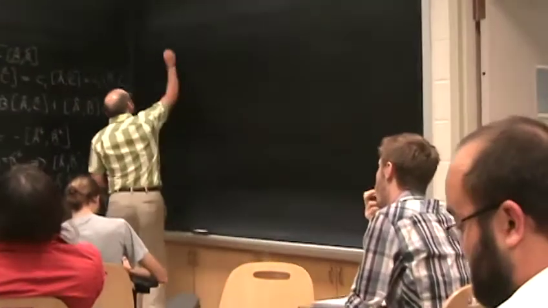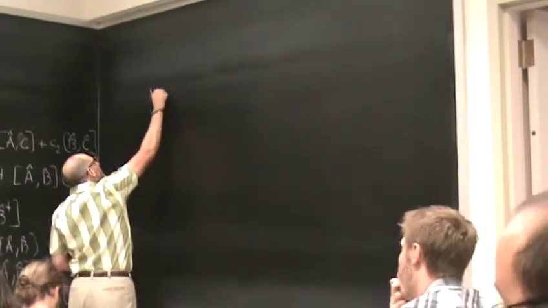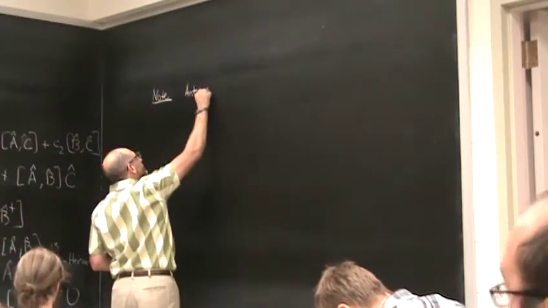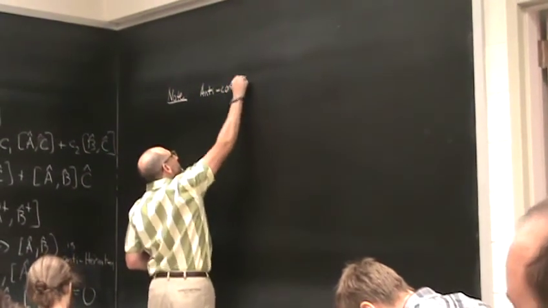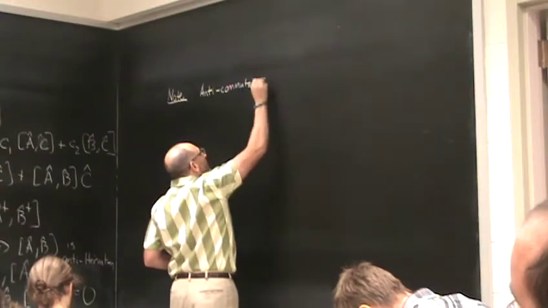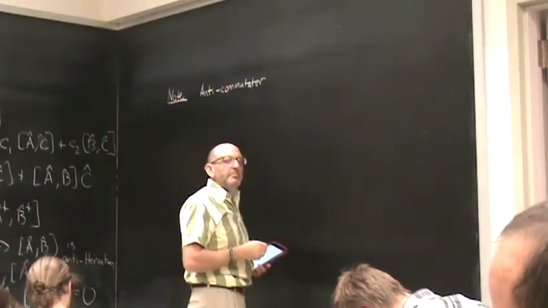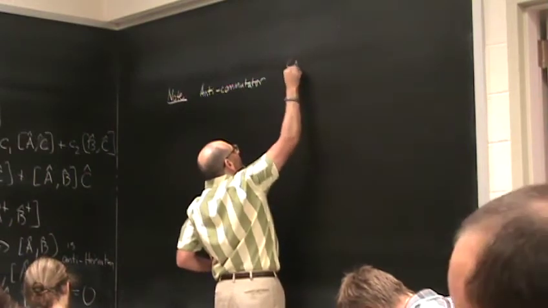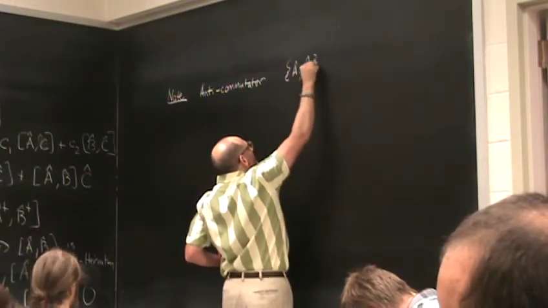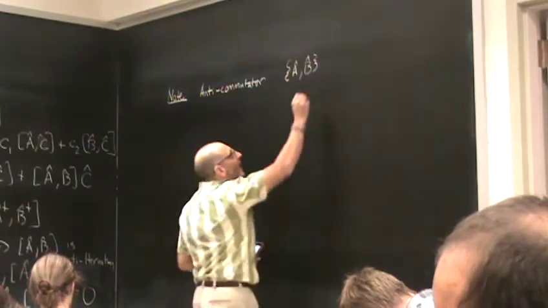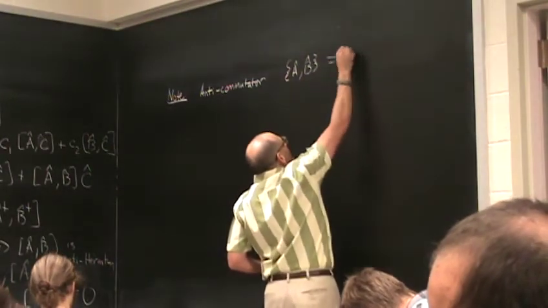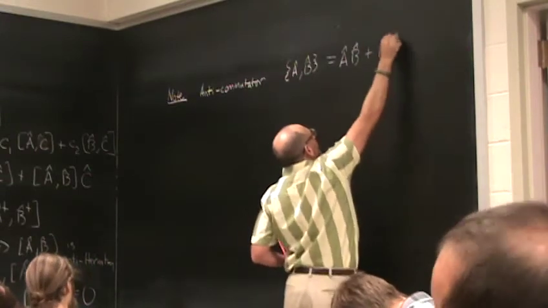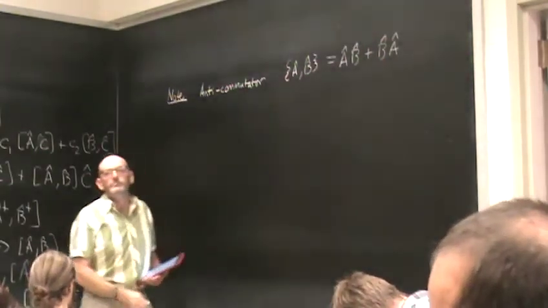One quick note. We sometimes talk about the anti-commutator, which is not universally, but often written with a curly bracket instead of a square bracket. And it's defined as A times B plus B times A. Instead of the minus sign, it's got the plus sign.